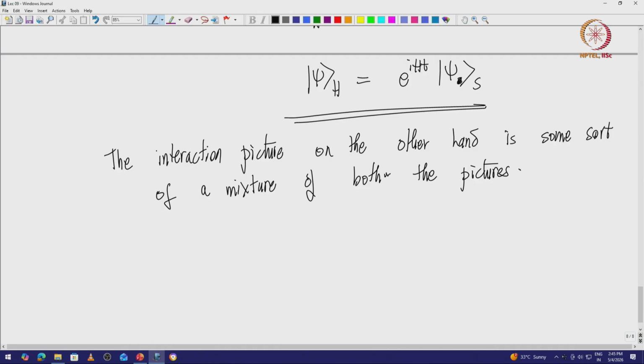We now have a third picture, which is called the interaction picture.